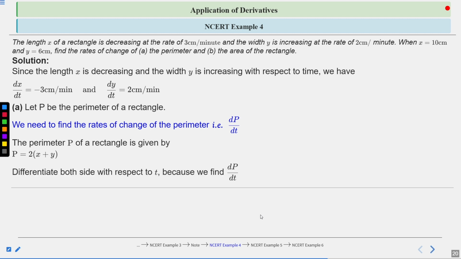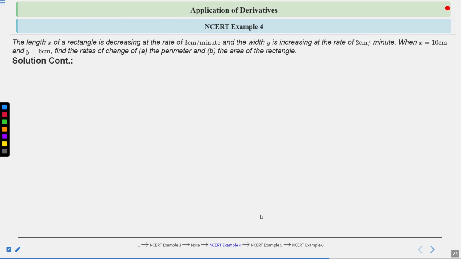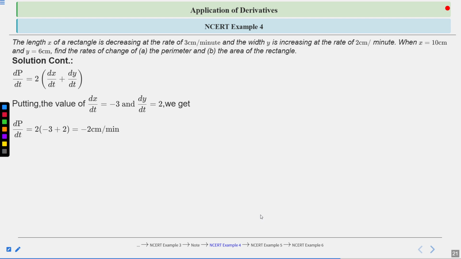Now differentiate both sides with respect to t, because we need to find dP upon dt, right? Therefore, dP upon dt will be equal to 2 times dx upon dt plus dy upon dt. Now putting the value of dx upon dt, which is given as -3, and dy by dt, which is given as 2, we get dP upon dt is equal to 2 times -3 plus 2, which is equal to -2 centimeter per minute, right?